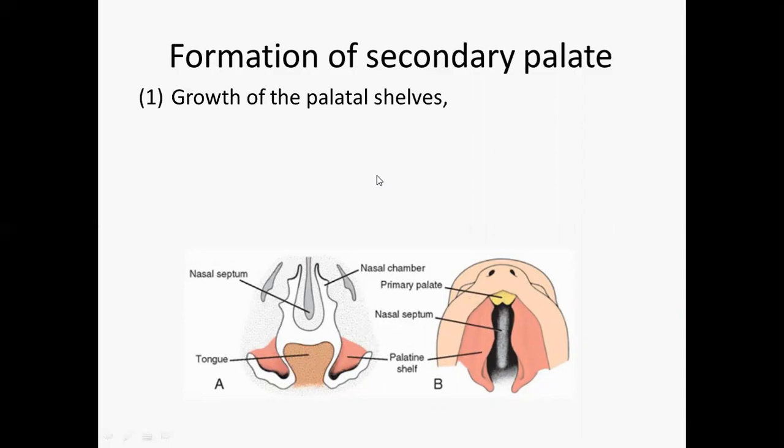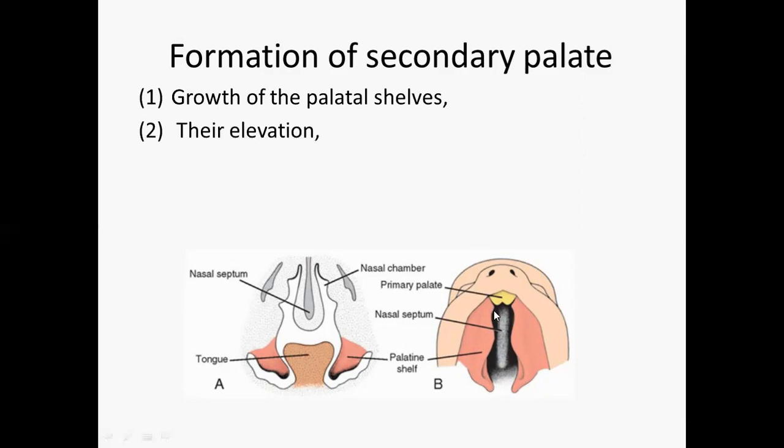There are four events which contribute to the formation of the secondary palate. Firstly, the growth of the palatine shelves or palatal shelves from the inner wall of the maxillary prominence. Since it is coming from the maxillary prominence, the main contribution to the palate is by the maxillary prominences.